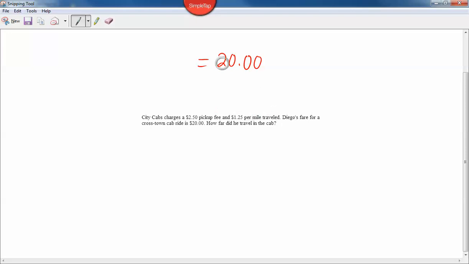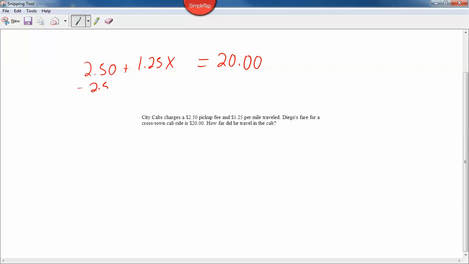So how did we come about having to pay $20? $2.50 to pick him up plus $1.25 per what? Mile, and that's going to be our variable. We want to know how many miles he went. So there's our equation. Solve for x, so you need to get the x by itself.